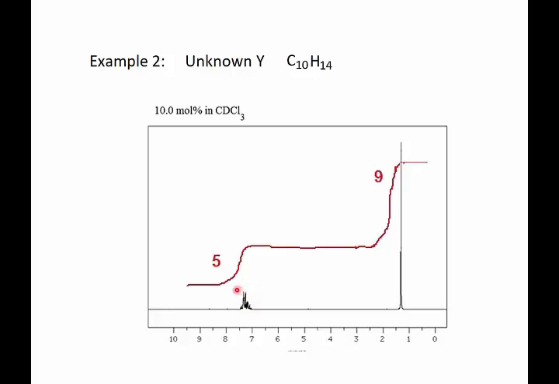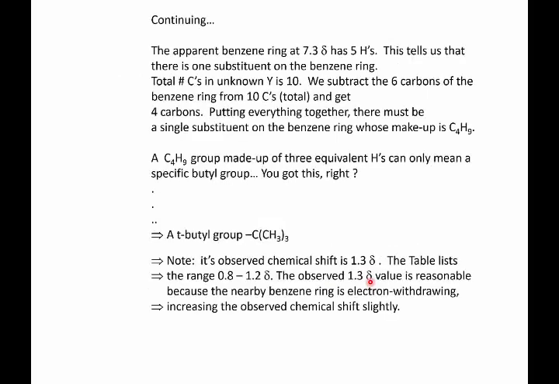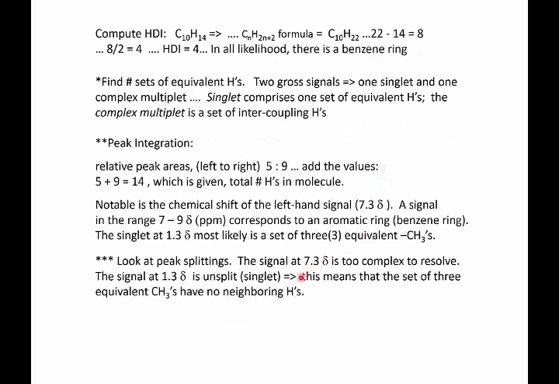They don't even follow the n plus 1 rule within themselves. We do note that the signal at 1.3 is unsplit. It's a singlet, and that would mean that those hydrogens have no neighboring hydrogens.